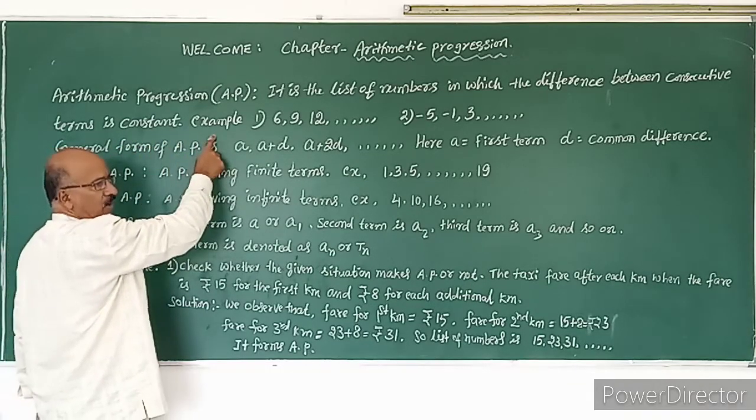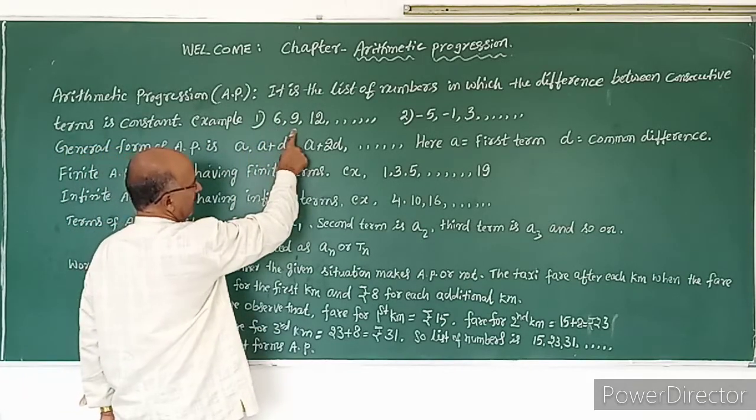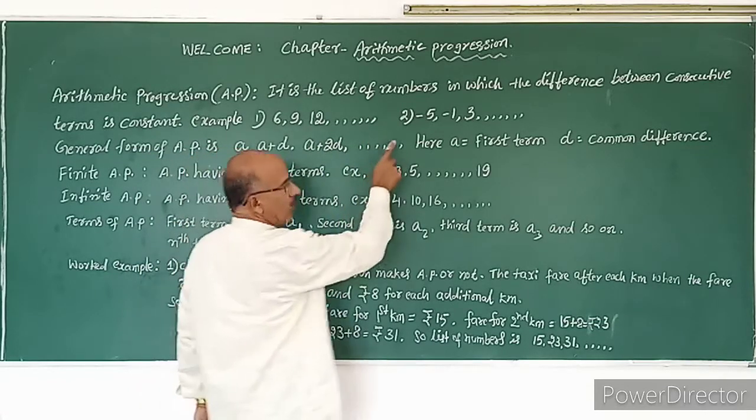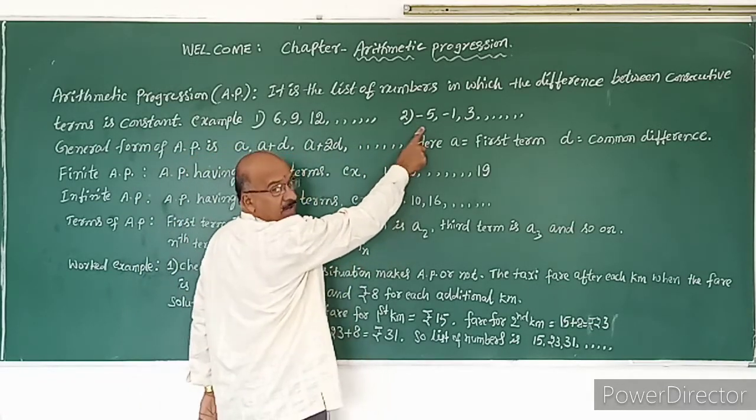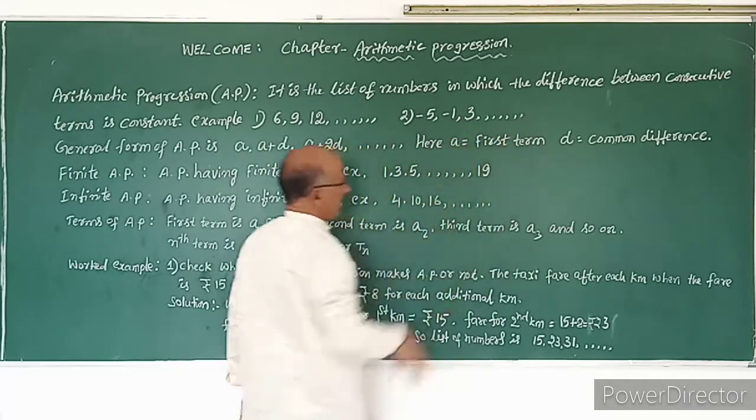An example for AP is 6, 9, 12 and so on. Second example: -5, -1, 3 and so on.